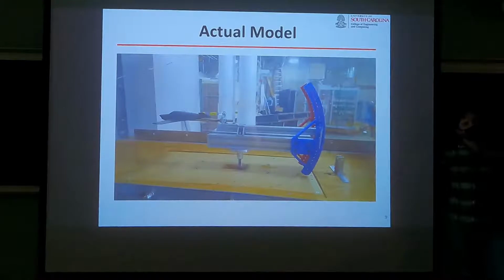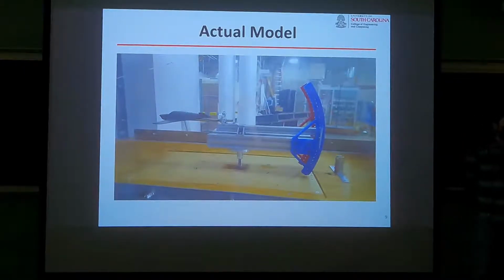Even if you did experiments on the same model in an accurate wind tunnel, you'd get really different values. The reason is, firstly, that the Reynolds number was really low. Usually at 20 degrees the aircraft would stall, but here it kept increasing.